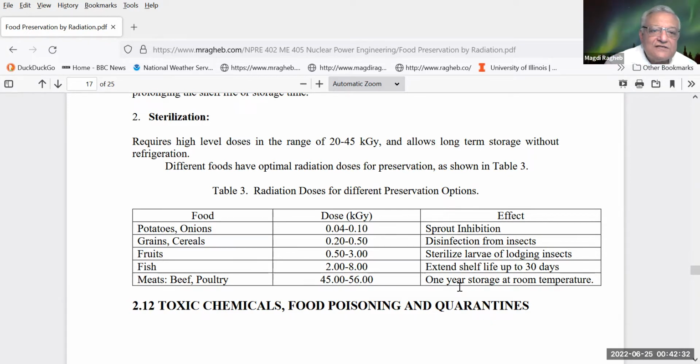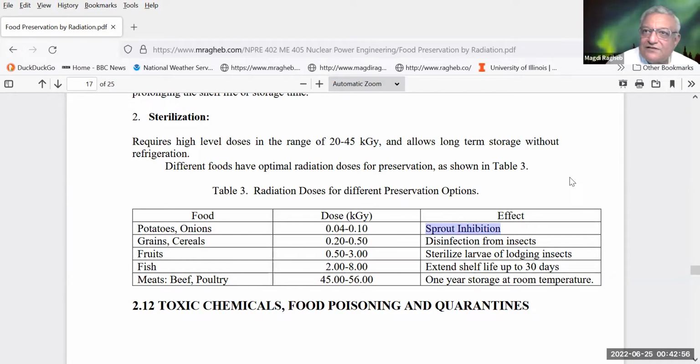So for instance, these are the different radiation doses for different food supplies. Potatoes and onions, if you give them a dose of 0.04 to 0.1 kilogray, you inhibit the sprouting. All of us have stored onions, maybe in your garage or under your sink, or potatoes, and at some point you'll find them starting to sprout.